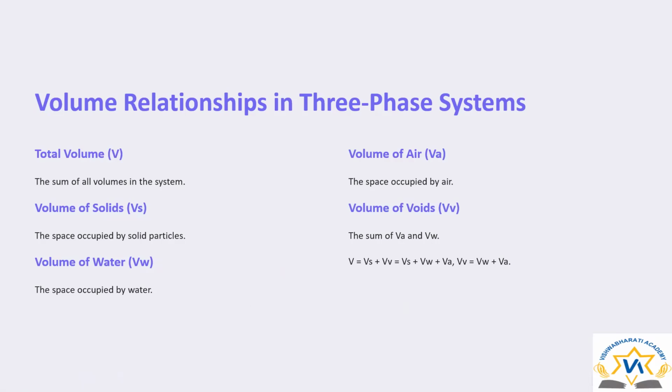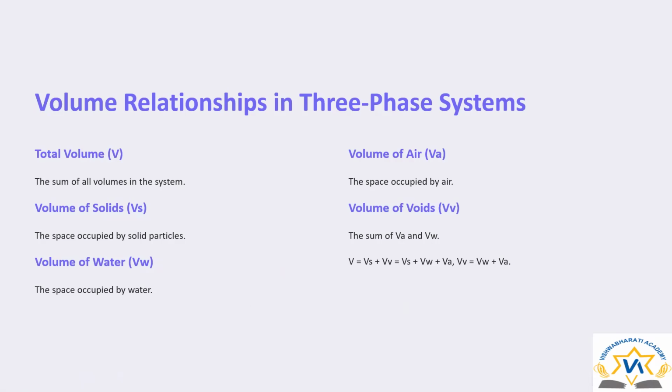In the three-phase diagram, we show soil combined in a container, and the container is filled with soil. The soil contains solid, liquid and gaseous parts, or we can say the total volume contains air, water, and gaseous substances.